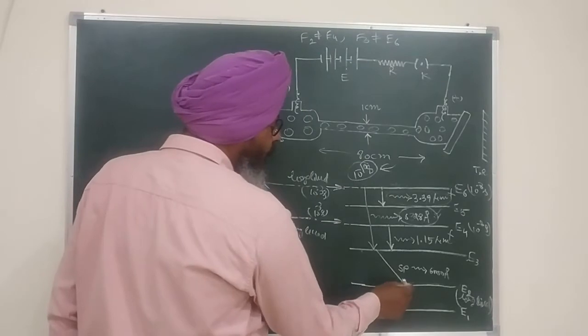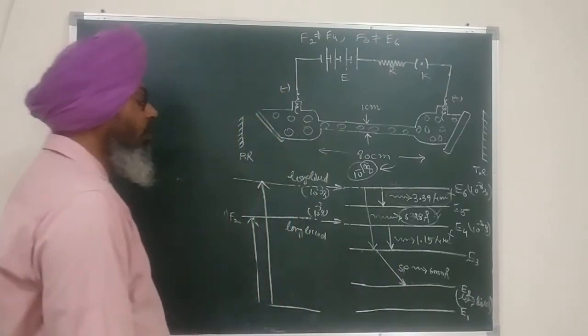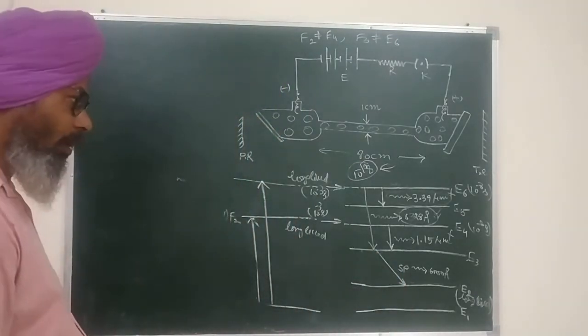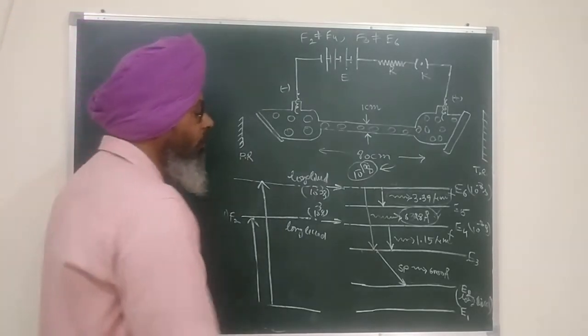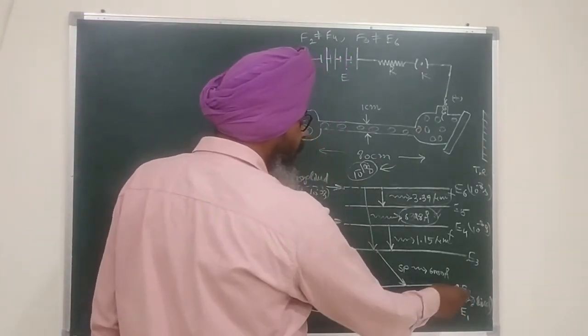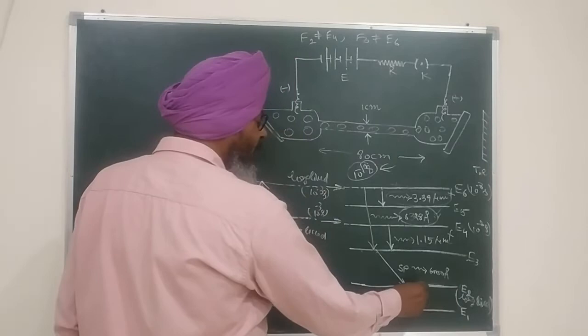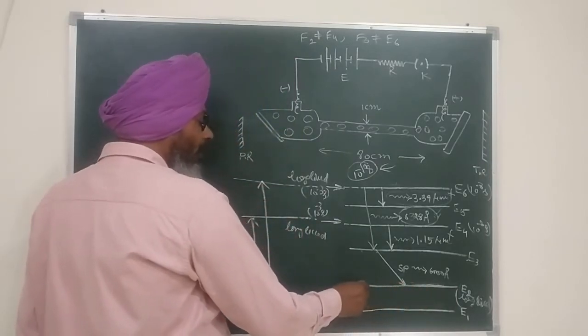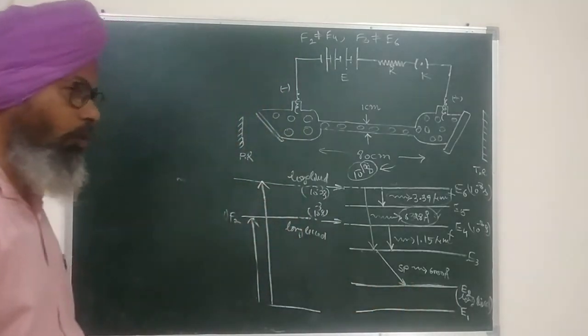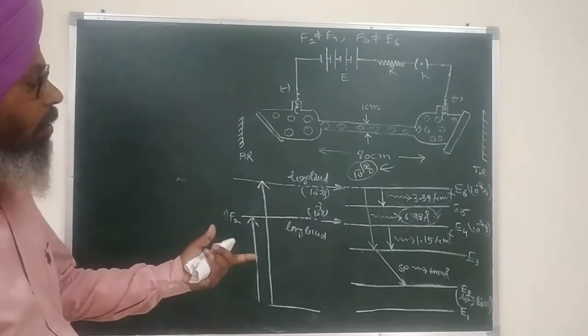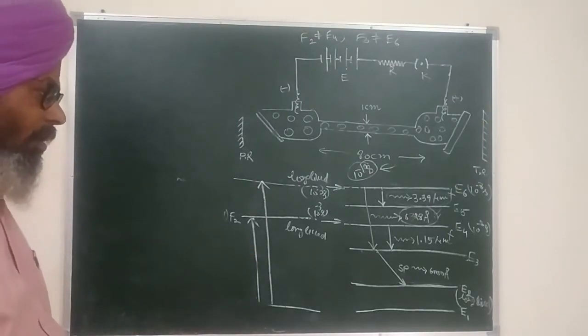So from E3 to E2, spontaneous de-excitation will take place. However, we are unfortunate here that E2 is long-lived. So as time passes, the number of neon molecules in the state E2 will grow, because this is long-lived, so neon molecules can stay here for a long time.